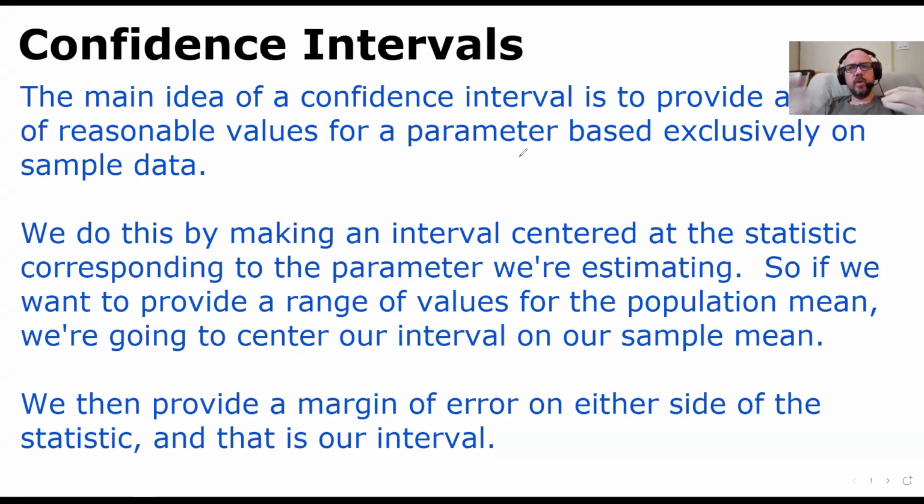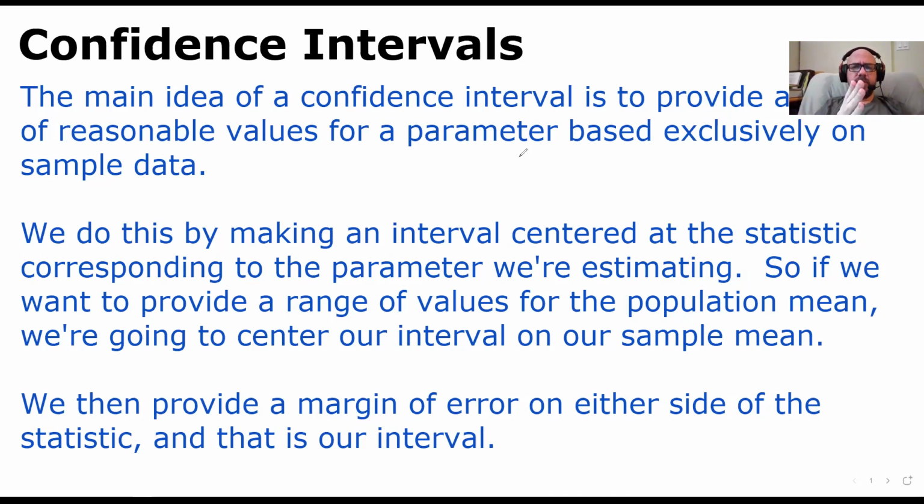So for instance, in this section we're talking about intervals for the population mean. If I want to estimate the mean of some population where I don't know what the mean is, what we can do is take a sample, find the sample mean, and then wrap an interval around that.